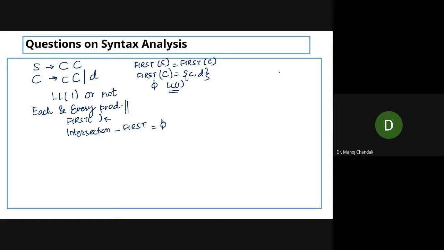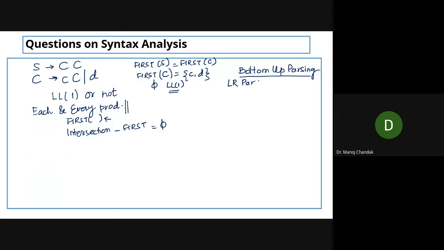There is another type of parser which we yesterday just touched upon, that is also very efficient and accurate, called bottom up parsing, and it is also represented as LR parser.